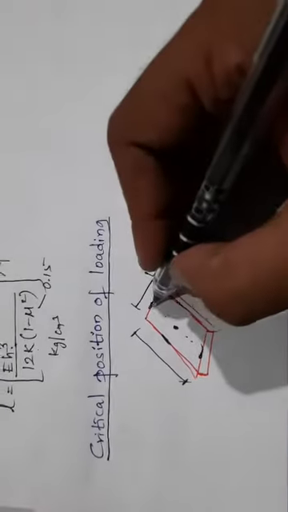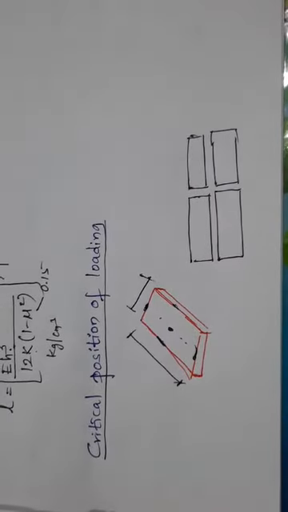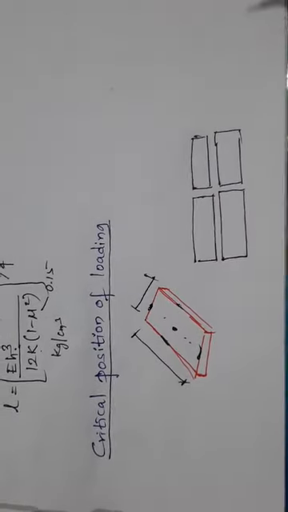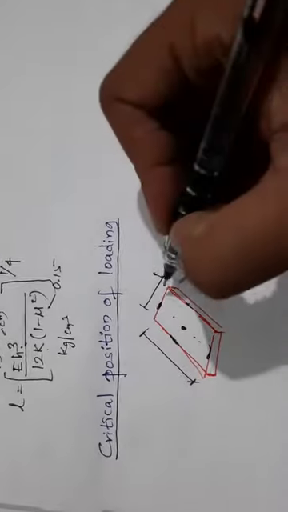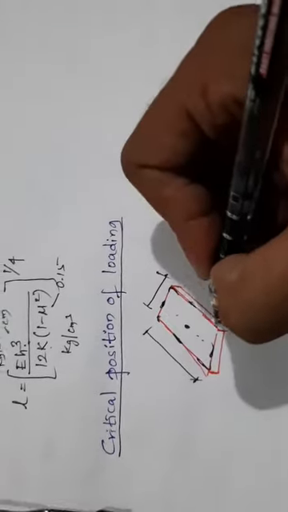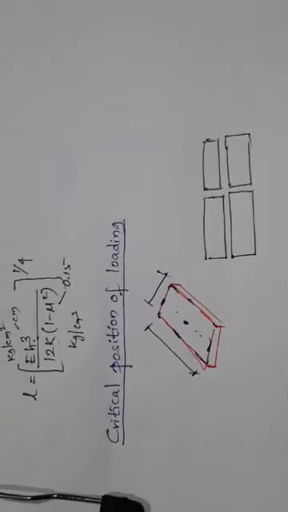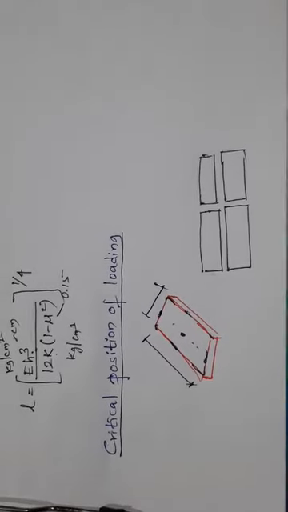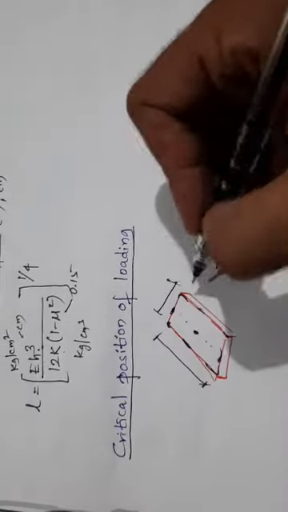Clear? So, these are the edge loading. And when the load is applied at the edges of the slab, so these are the edges, right? 1, 2, 3, these are all edges. And remote from the corner, it is called edge loading. Sorry, these are the edges and these are the corners.